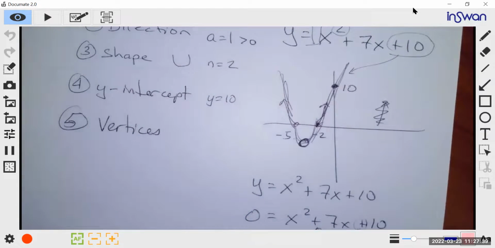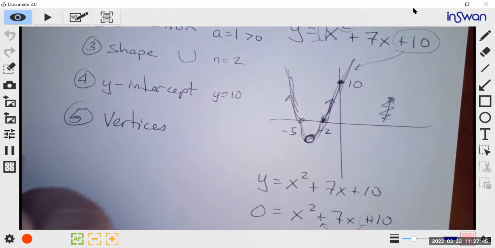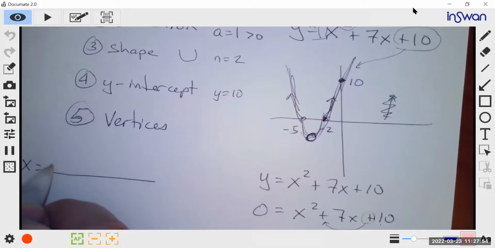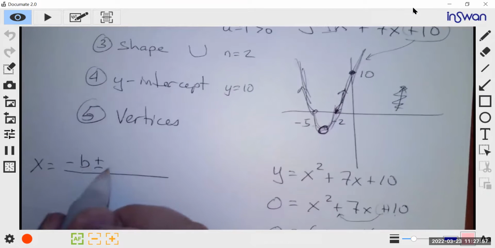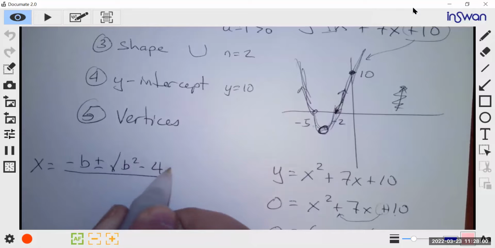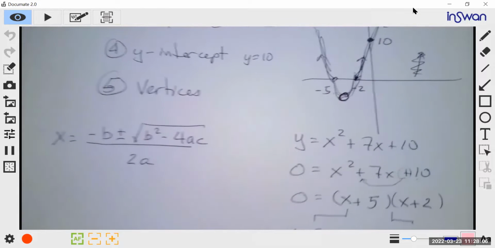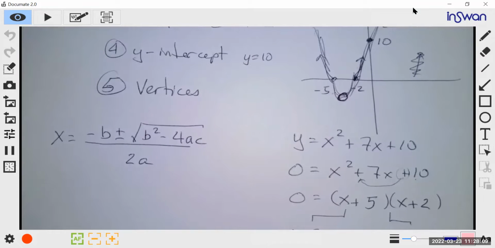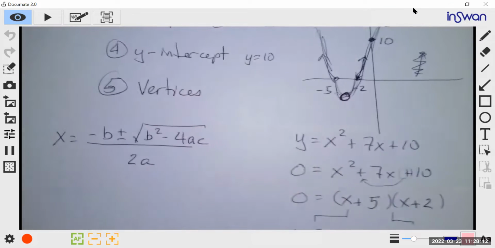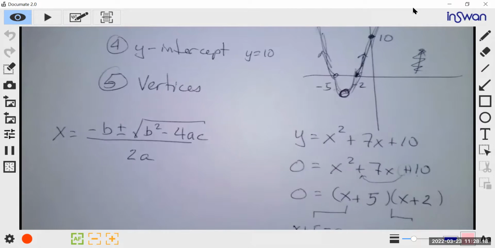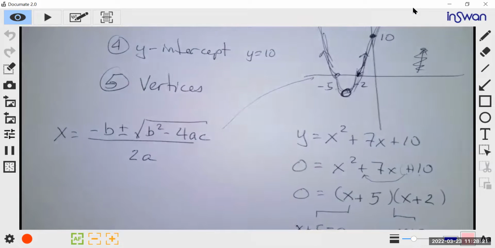Now, the only thing we need to find now is a vertex. The equation for the vertex comes from the quadratic formula. The quadratic formula tells us our solutions, our x-intercepts. That's what this actually finds for us.